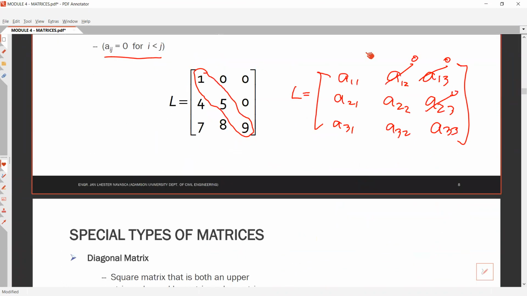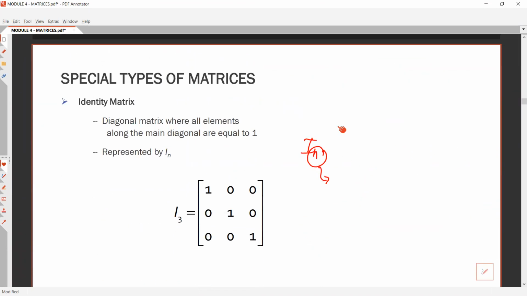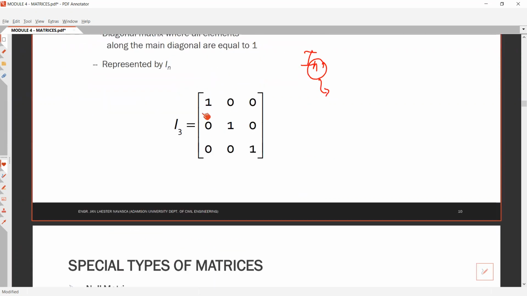Okay? So yung n natin is the order of the matrix. Okay? So for this one, we have 1, 2, 3, 1, 2, 3. Therefore, this is I sub 3. Okay? So this one is identity matrix of 3 by 3 matrices.